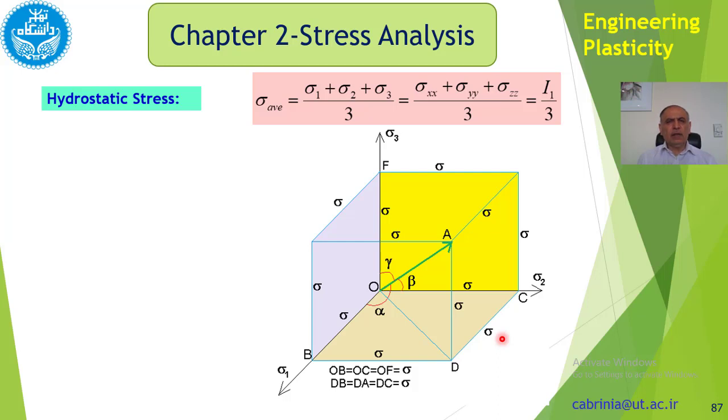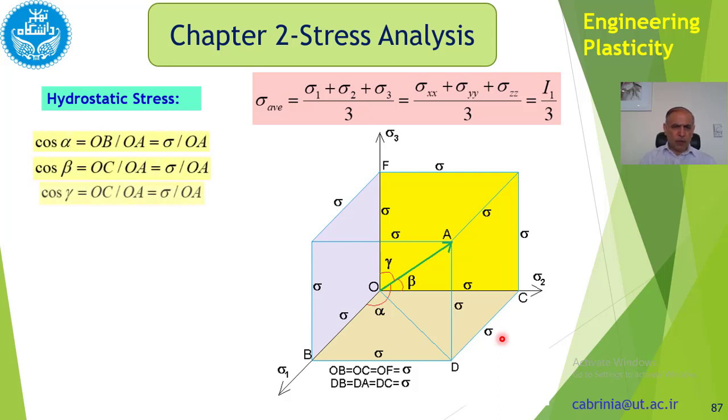Different axes, different coordinates give the same value for the sum of the stresses, and we call that I1. So hydrostatic stress is equal to I1 over 3. Hydrostatic stress is an invariant because 3 is a constant and I1 also is constant. So that is very important.